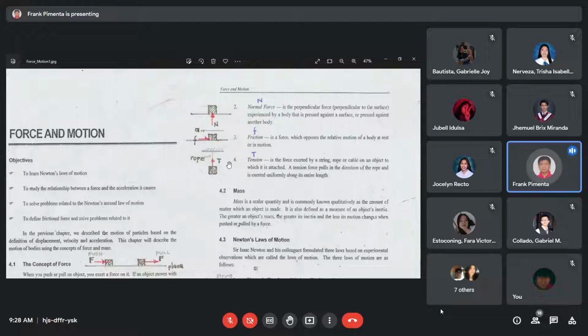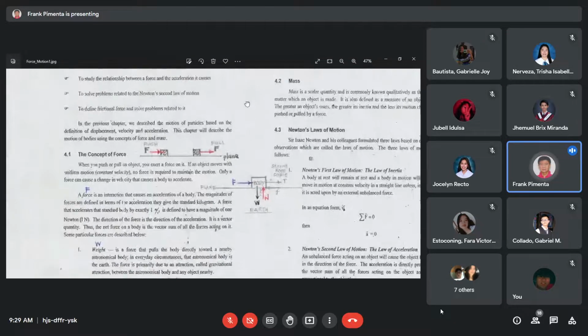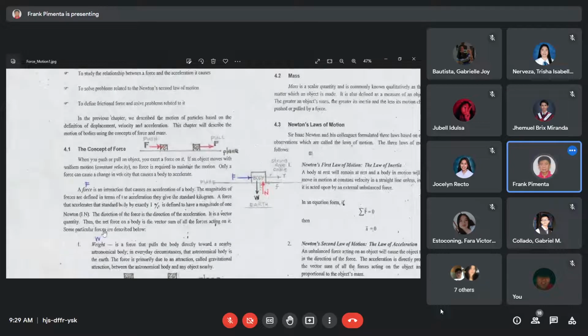So these are the 5 forces that are included in this term net force. Ayan. It is the vector sum of all the forces acting on it.